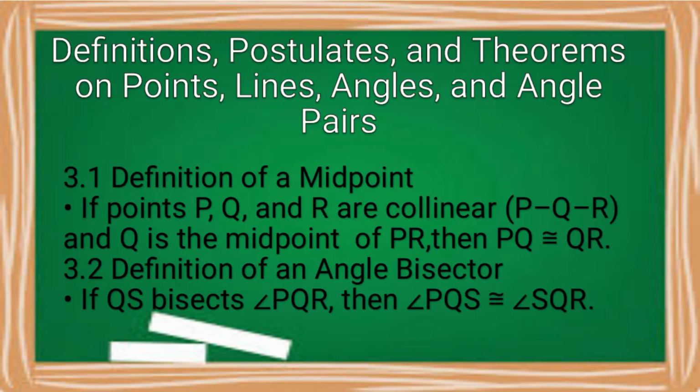So definitions, postulates, and theorems on points, lines, angles, and angle pairs. The definition of a midpoint: if P, Q, and R are collinear, or in the same line, and Q is the midpoint of PR, then PQ is congruent to QR, like this.